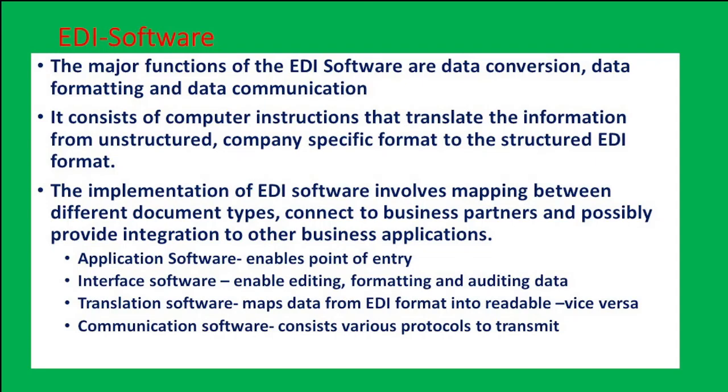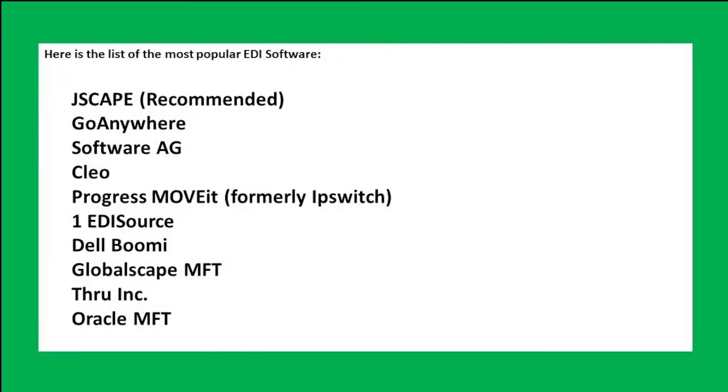How many softwares are there? All are integrated in that one EDI software. One will look at the application and take care of integration, another one interface, another one translation, another one communication. Next, coming to the communication software, EDI communication.